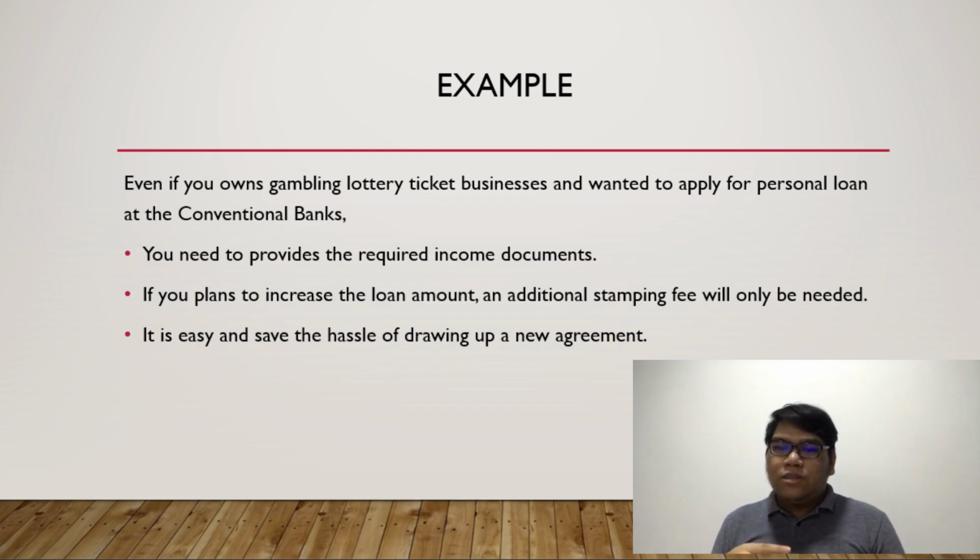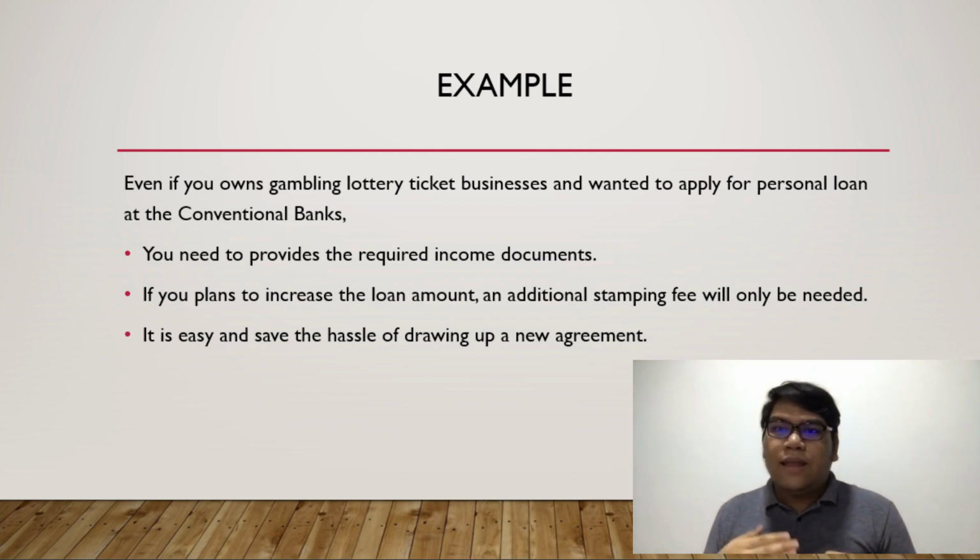Next, if you plan to increase the loan amount, only an additional stamping fee will be needed. It shows that the conventional loan is not complicated to get. And lastly, a conventional loan saves the hassle of drawing up a new agreement, so the time of getting the loan is shortened.